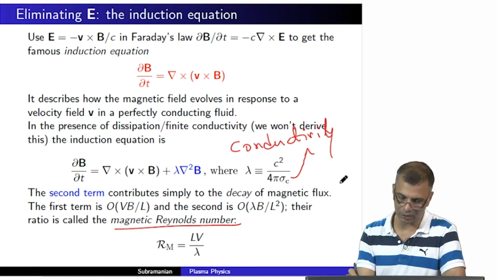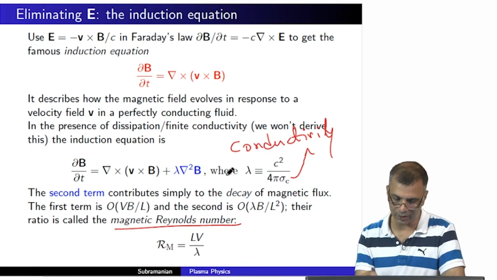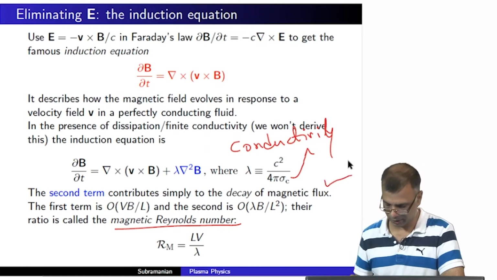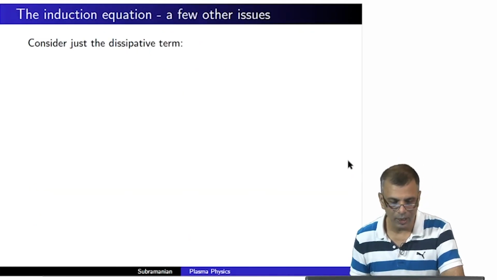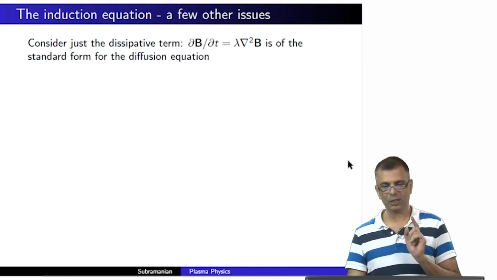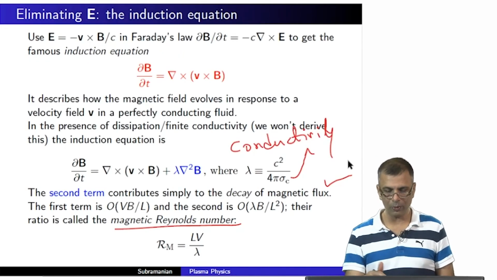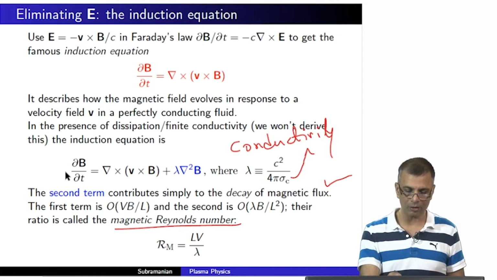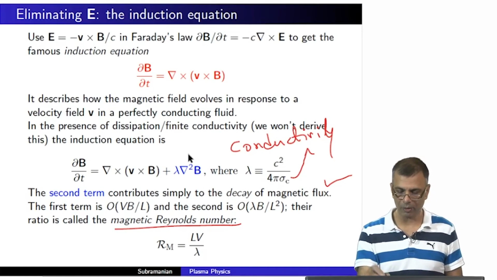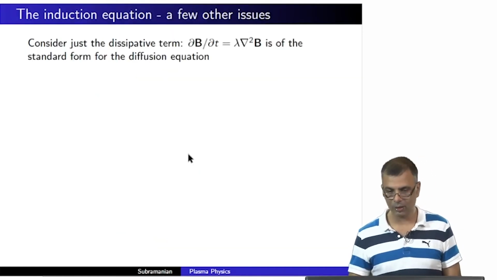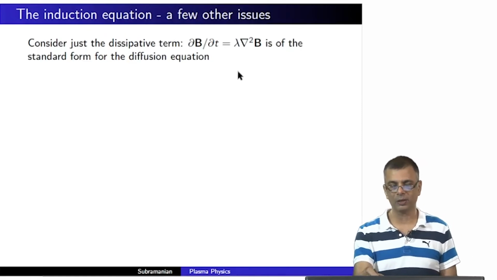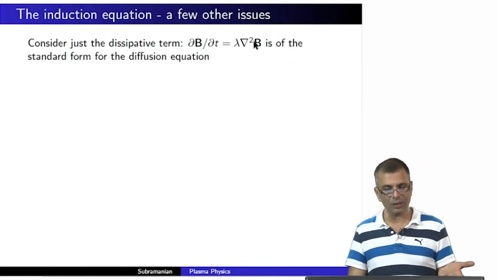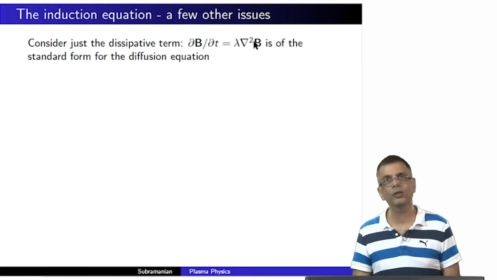We made a comment here saying that the second term contributes to the decay of magnetic flux. Let us justify this. Consider just the dissipative term. In other words, we will not bother about the other term, and only consider an equation that has this term and this term: dB dt equals lambda del square B. This is a standard form of the diffusion equation.